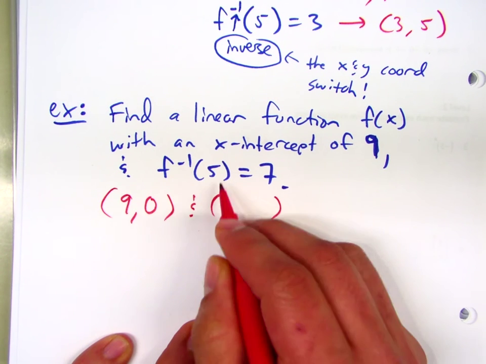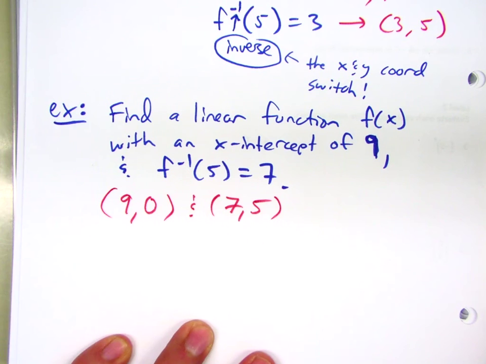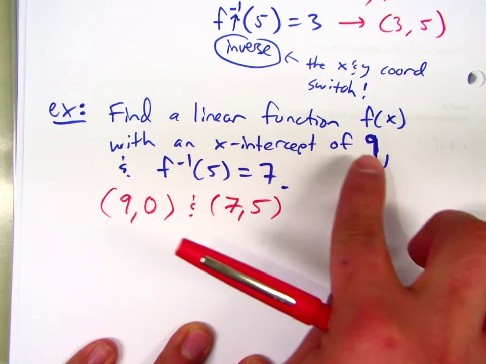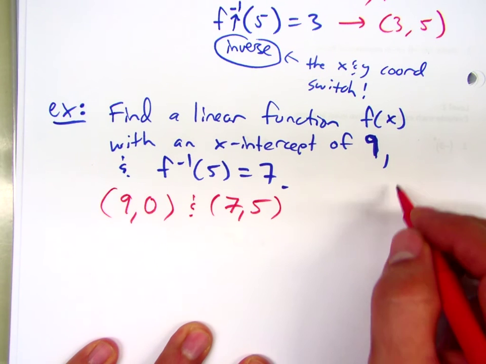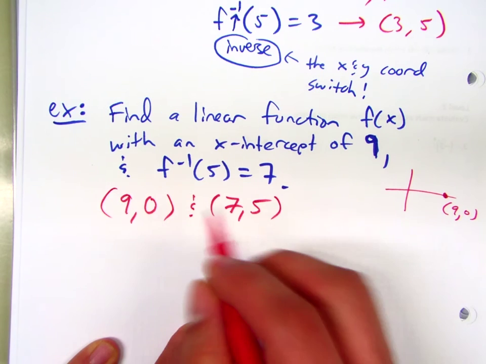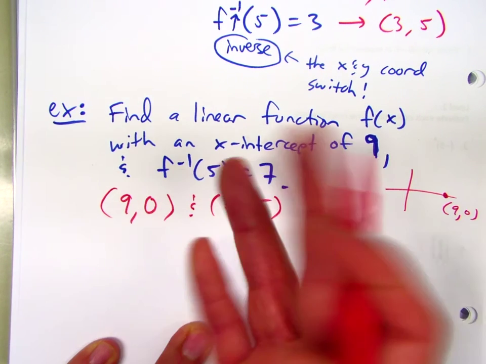Okay, so yeah, the only thing that's a little bit different here is I didn't give you the complete coordinates, but you got to know if the x-intercept is 9, right, that the y-coordinate has to be 0. So we have 9, 0 is one of the points, and this is the inverse, so really it's 7, 5 is the other one.